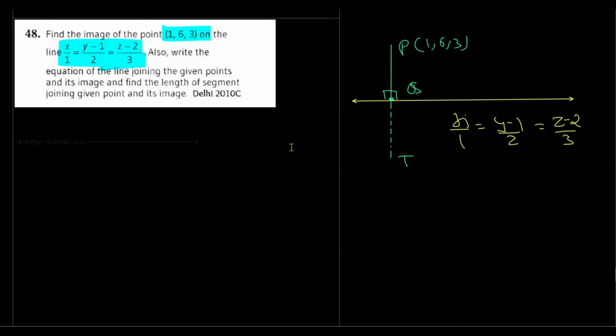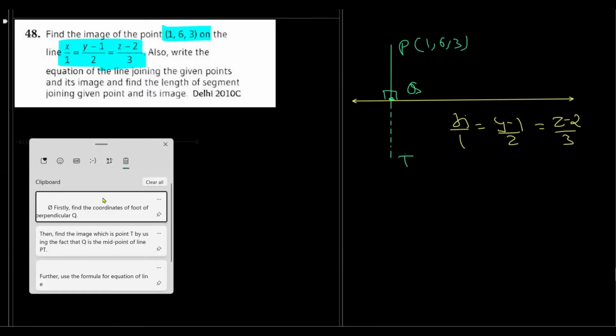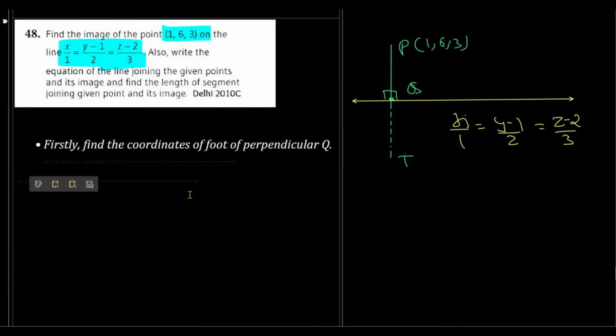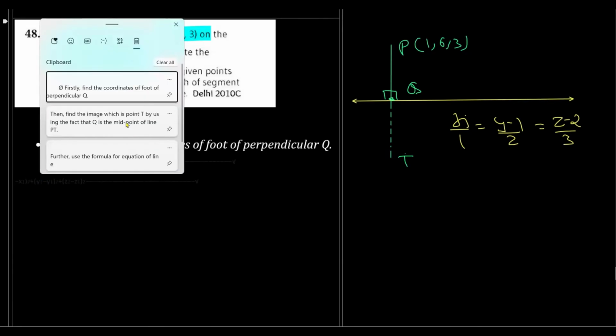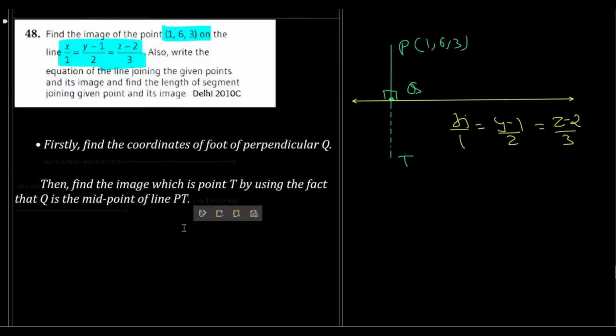First, I should tell you the algorithm involved in doing this question. The first thing that we'll be doing is finding the coordinates of the foot of the perpendicular, that is Q. The second step is to find the image of this point, T, using the fact that Q is the midpoint.